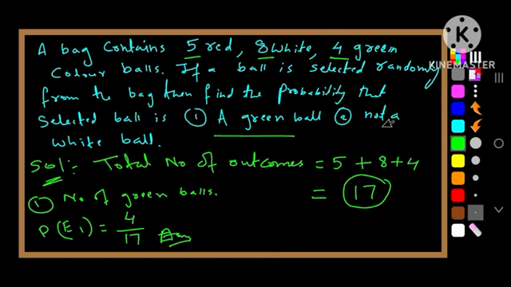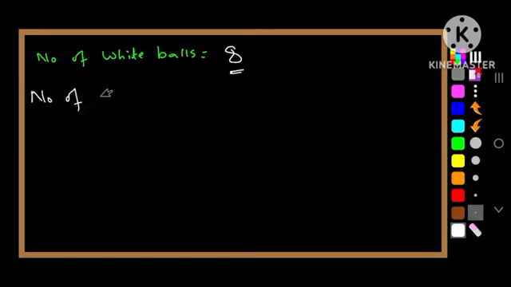The next condition is not a white ball. Here, let us see the number of white balls. How many white balls are there? 8 balls are there. So we have to find out the number of non-white balls. How will you get this number?